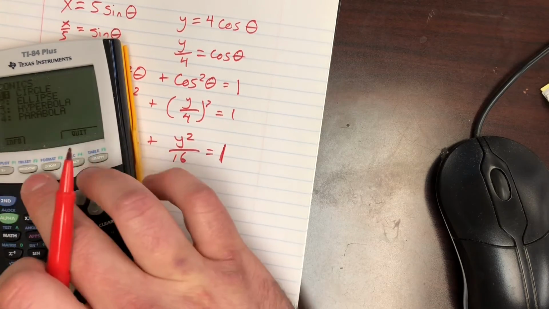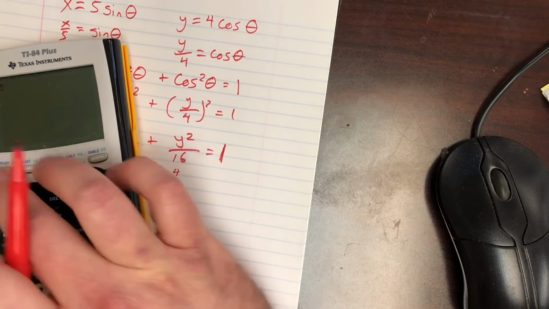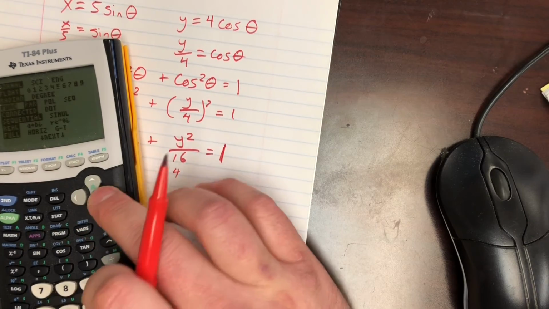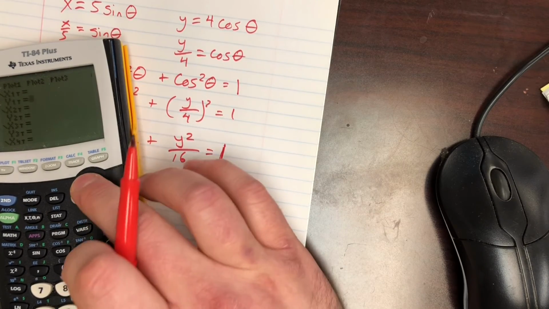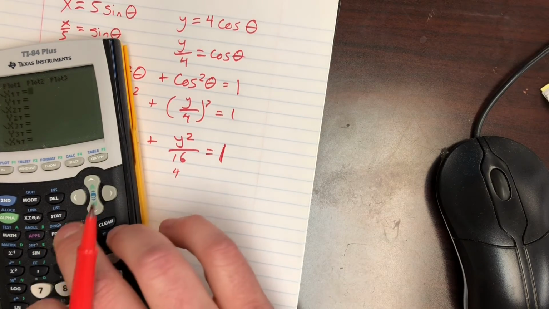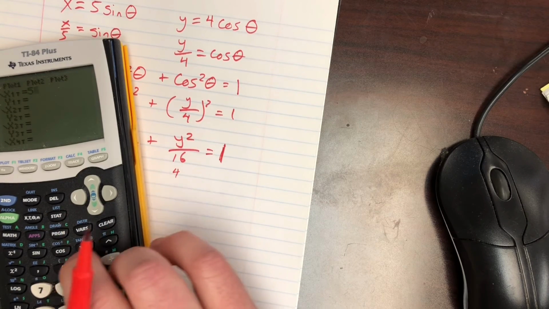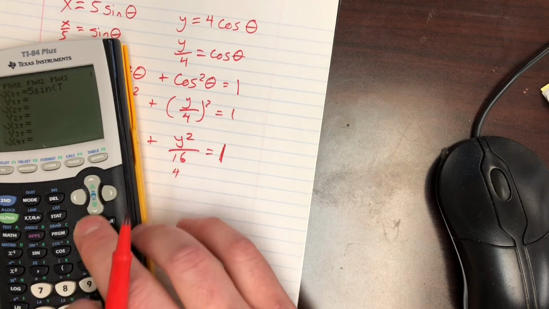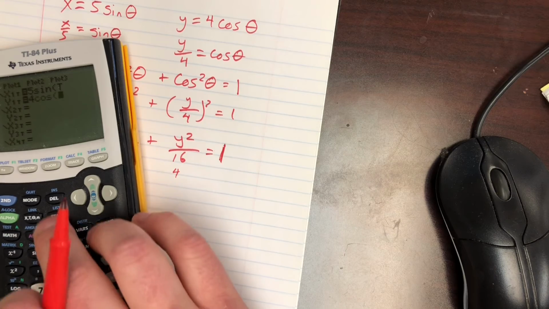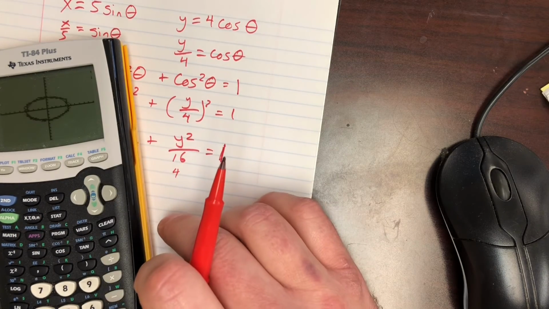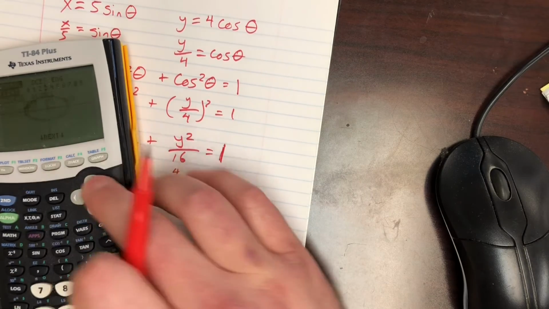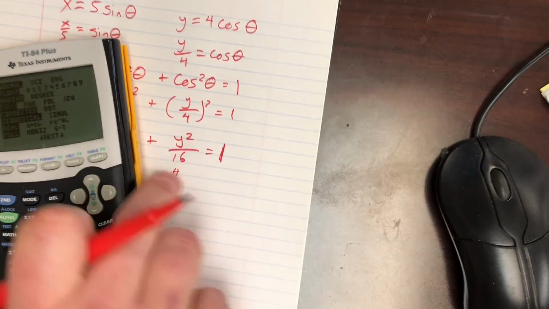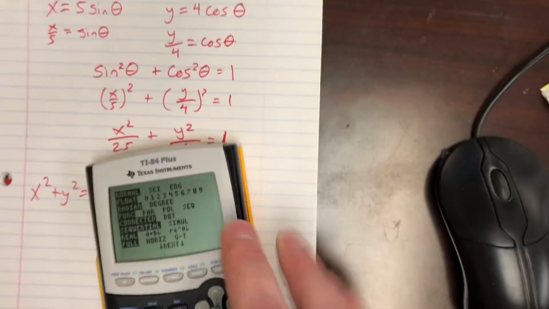Okay. Goodbye, Conics. Instead, we can be in our parametric graphs. We'd say 5 sine theta, 4 cosine theta. There it is. Or, oh wait, no, we wouldn't be able to do that.